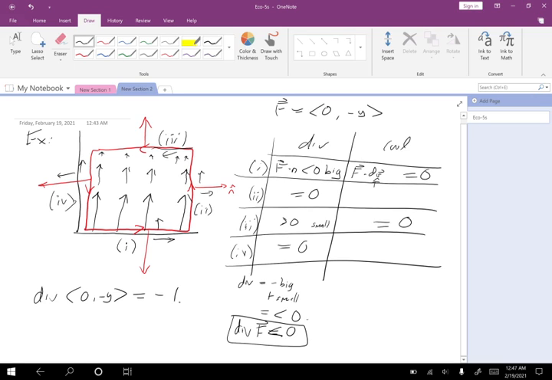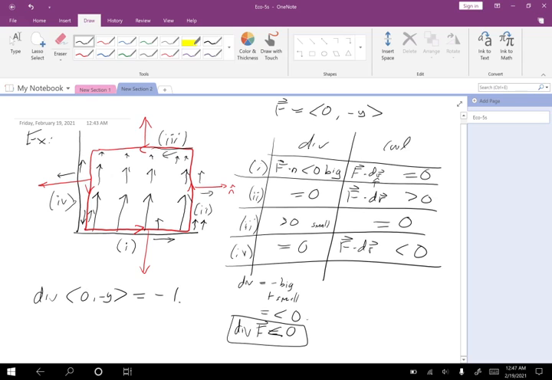For curve 2, f is pointing up, and our curve is pointing up. So actually, it's positive. And on the other hand, if we go to curve 4, our curve is pointing down, and f is pointing up. So actually, the dot product is negative in this case.